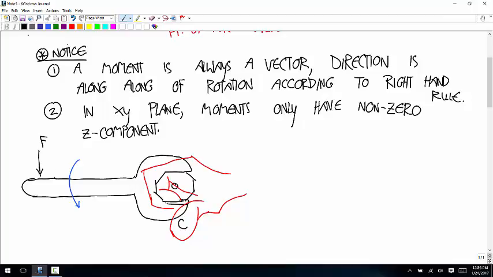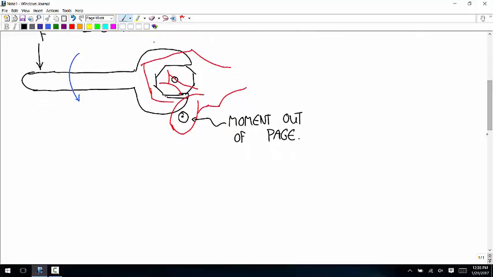So this force would produce a moment out of the page, like that. Any questions about how that right-hand rule works? Yes. This is out and an X like that. The way it's supposed to look like an arrow either going towards you or away, those are supposed to be like the feathers.